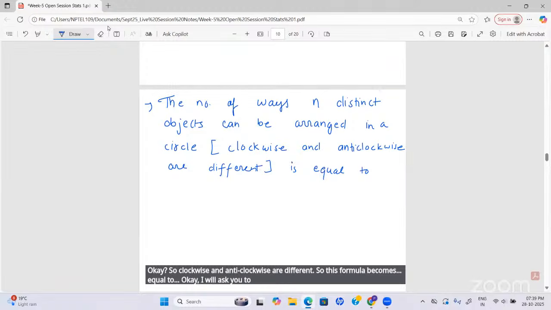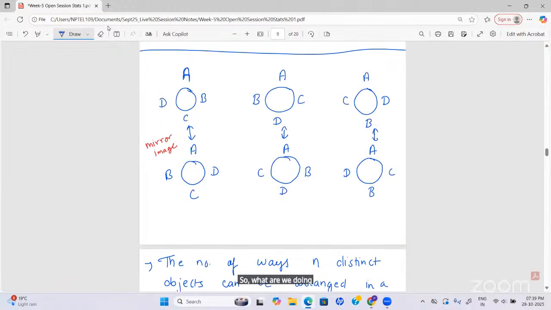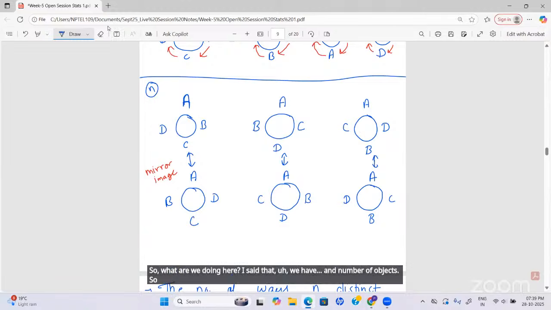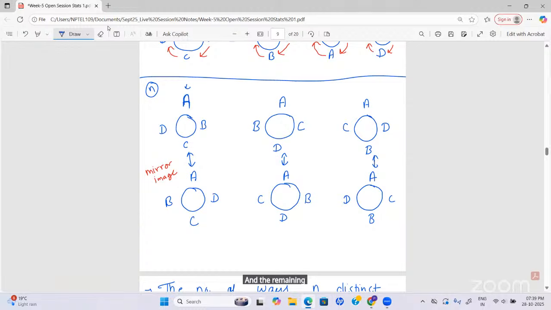So what are we doing here? I said that we have n number of objects. So what we do, we fix the position of one element, and the remaining elements are arranged in a linear fashion. Just think about it and tell me what can be the formula: n minus 1 factorial.